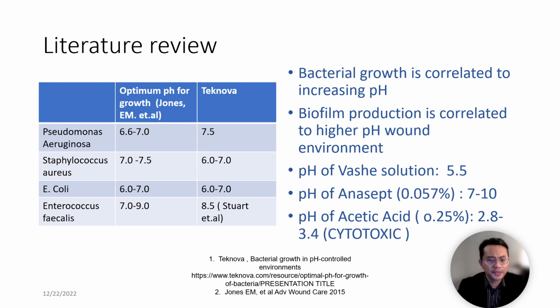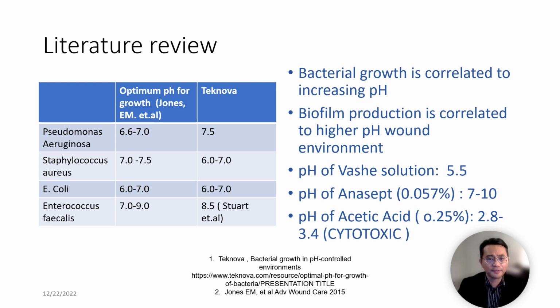This is the optimum pH for a bacteria to grow. I selected these four bacteria because they're the most commonly isolated bacteria in wound cultures. The studies in these two papers are almost identical, and biofilm production is also correlated with a higher pH wound environment.